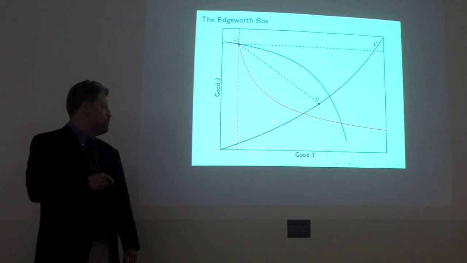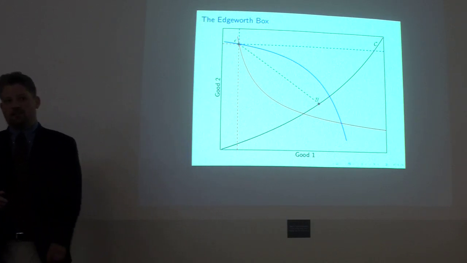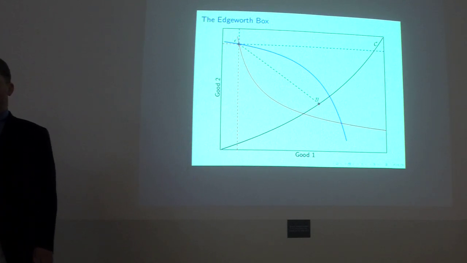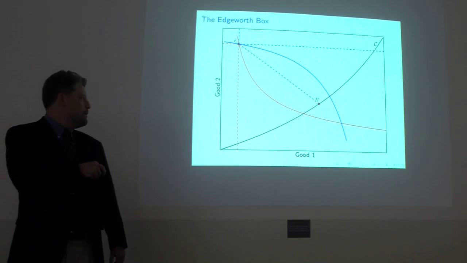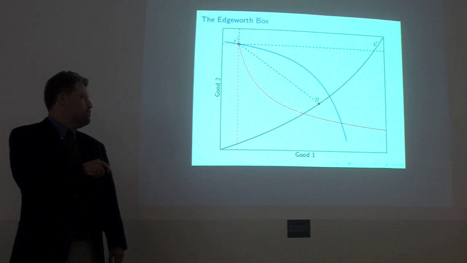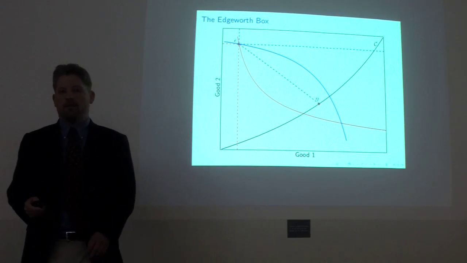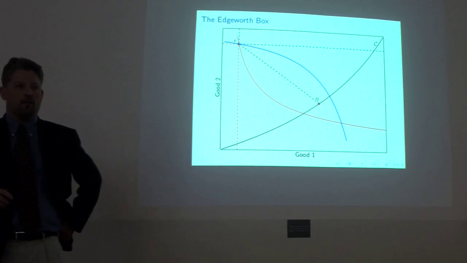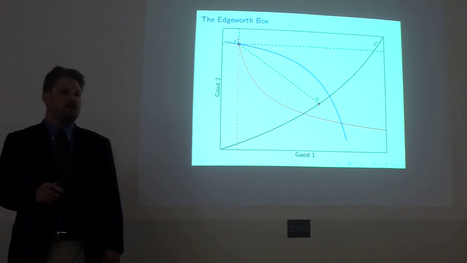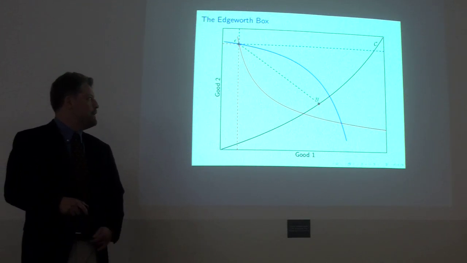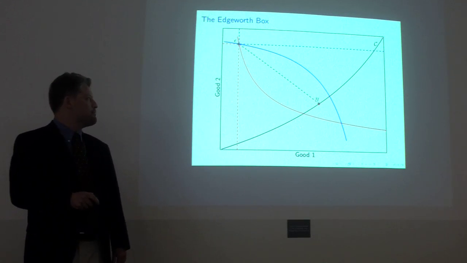And as this agent moves this way, that agent gets better off. One way to think about this is two dogs fighting over a bone. What each agent wants to do is push as far into the space as it can. You want to get the maximum amount of stuff, right?